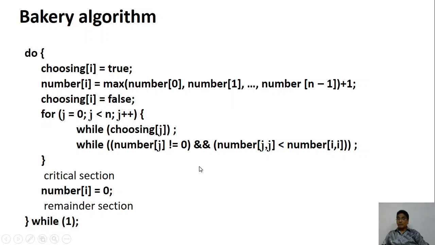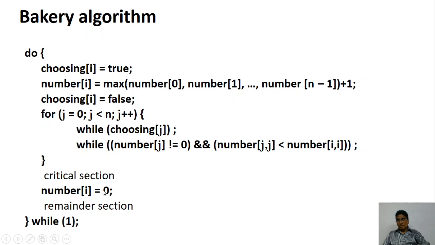Somebody says my token number is not 0, anything 1, 2, 3, 4, then you have to check. If a person comes and says my token number is 1, and your number is 46, then you will have to wait. You will have to wait until when? Until your turn comes, until you are less than the other. So if you do that, you come to the critical section.